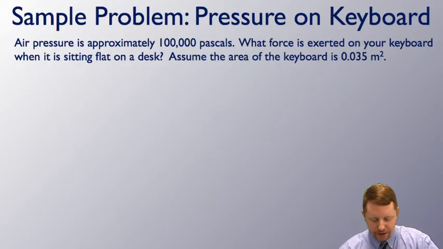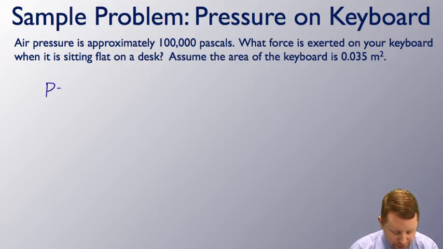Let's talk about a sample problem where we're looking at pressure on a keyboard. Air pressure is approximately 100,000 pascals. What force is exerted on your keyboard when it is sitting flat on the desk, assuming the area of the keyboard is about 0.035 square meters?